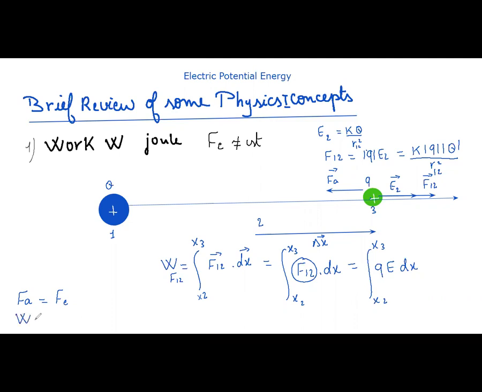So omega FA equals minus omega FE. This is the external agent applied on the object. We apply the same calculation, but here you have to know, in the case of a variable F, the work done equals the integral of F times dx. Okay? This is the first important point about the work.